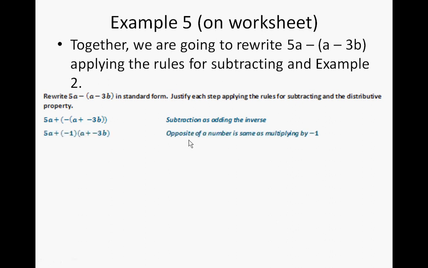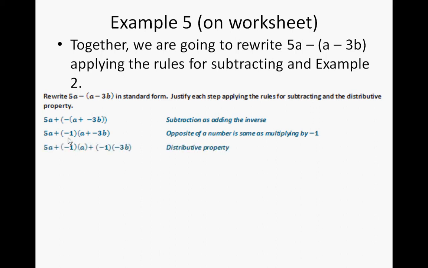So now, the opposite of a number is the same as multiplying by negative 1. So factoring out, or changing this opposite to a negative 1, says that we are going to multiply this quantity by negative 1.